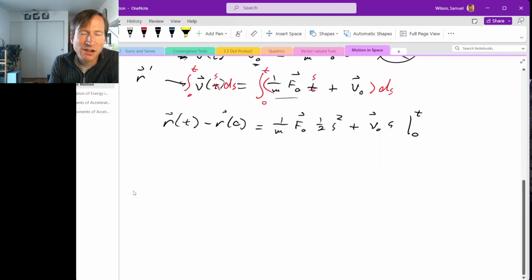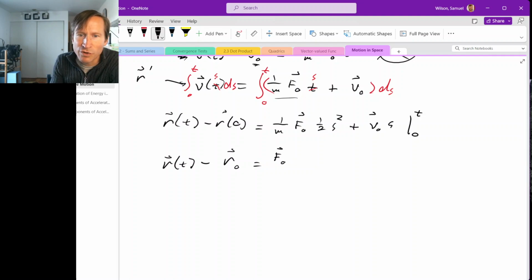Now let's simplify all of this. On the left-hand side, r of t minus r evaluated at 0, that's our initial position, what we called r sub 0. And on the right-hand side, when we plug in t, I'm going to write f sub 0 over m over 2m, right?